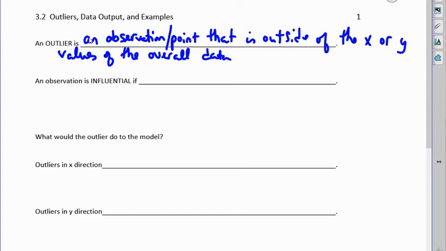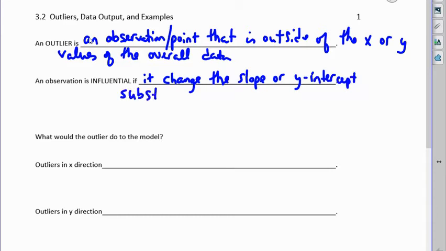And an observation is influential if, by looking at it with the value or without the value, does it change the slope or y-intercept substantially? By being included or not being included.